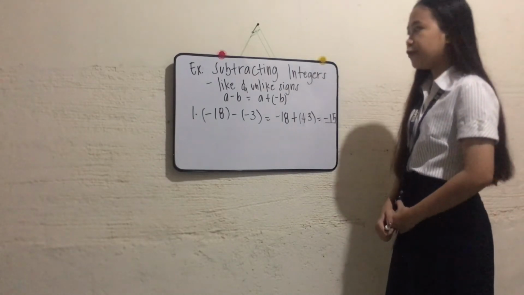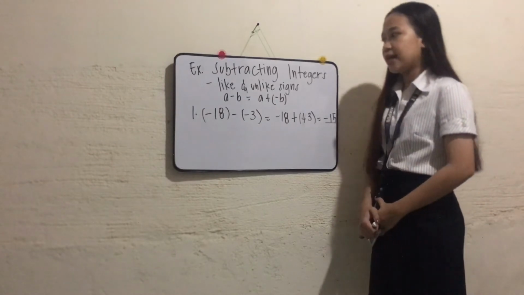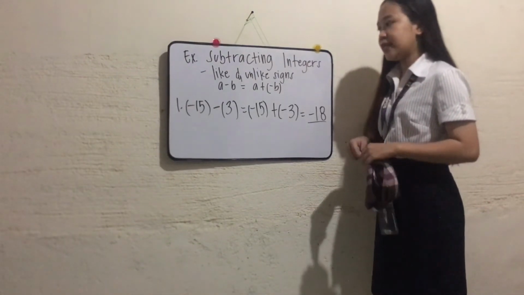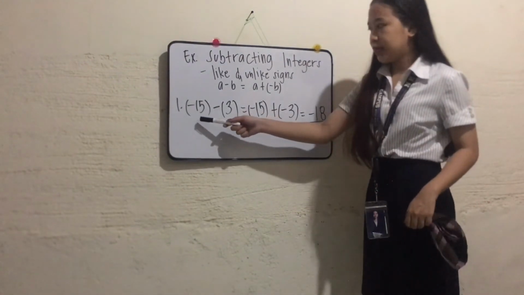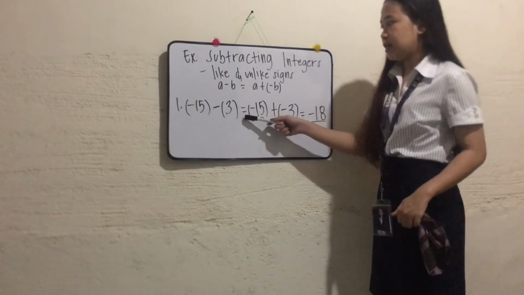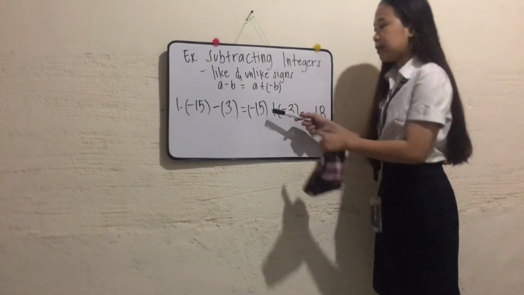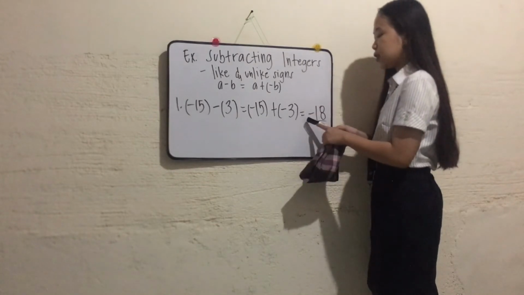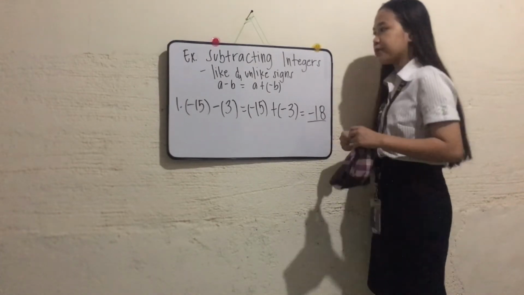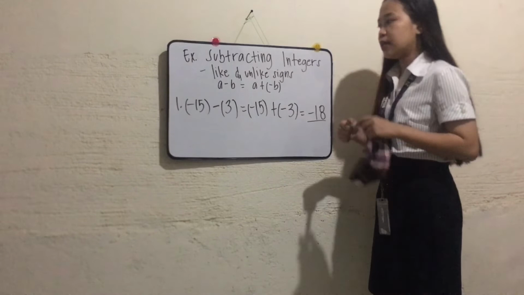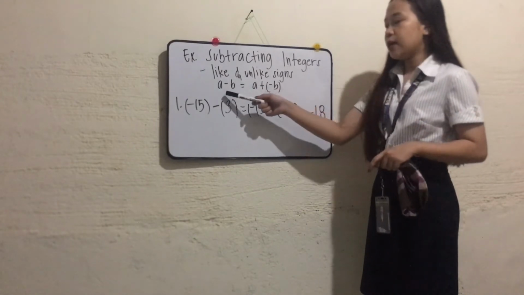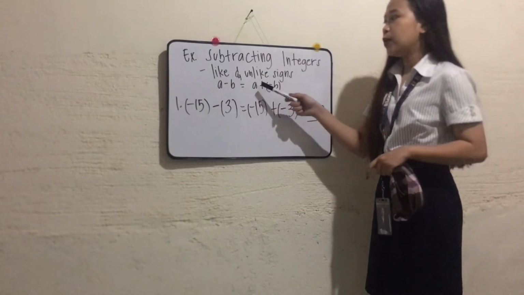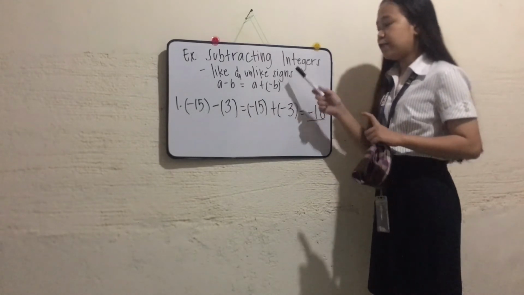Okay, now let's move forward to unlike signs. We have here an example of unlike signs. Negative 15 minus positive 3 is equal to negative 15 plus negative 3 is equal to negative 18. So again, we use the given formula which is a minus b is equal to a plus negative b.